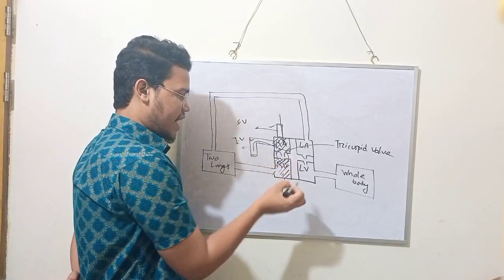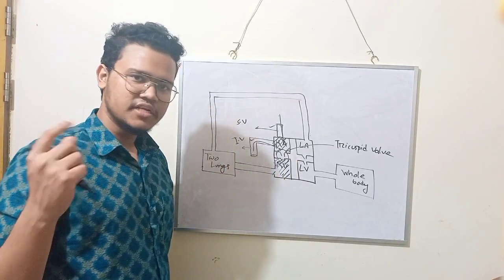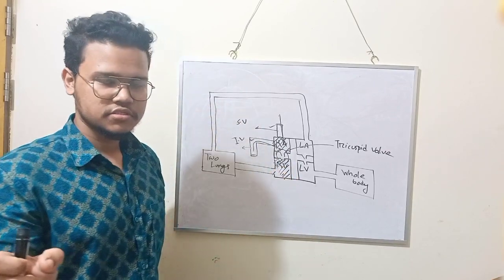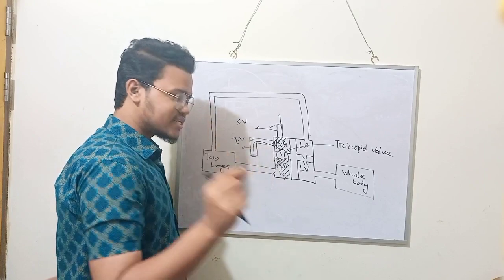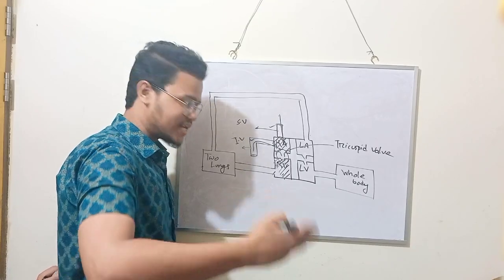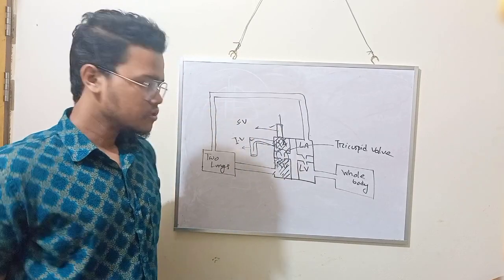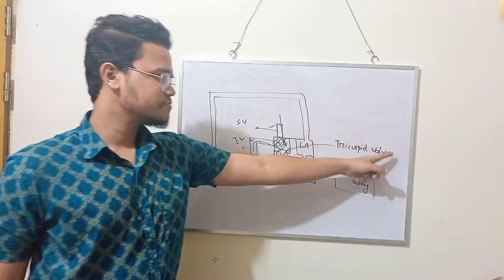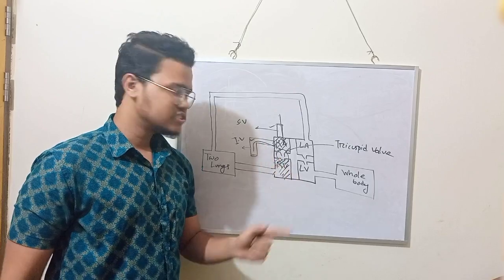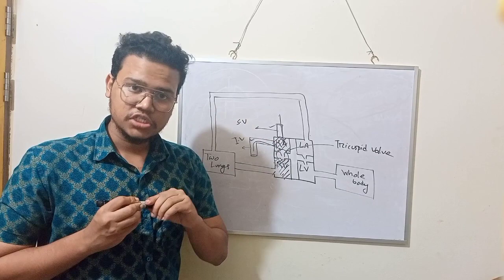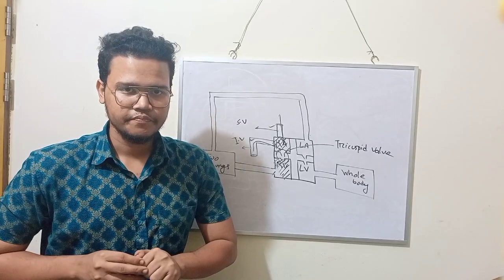Then the tricuspid valve will close, so that not a single drop of blood can regurgitate from the right ventricle to the right atrium. So the main function of the tricuspid valve is to direct the blood from the right atrium to the right ventricle, not from the right ventricle to the right atrium.